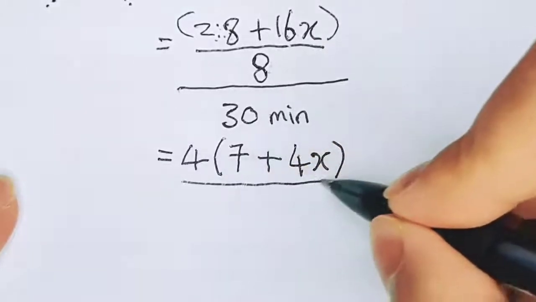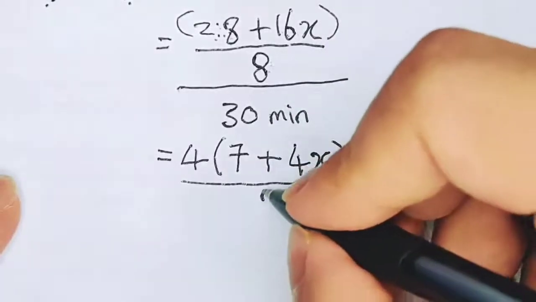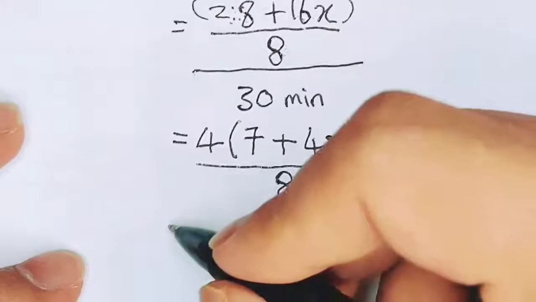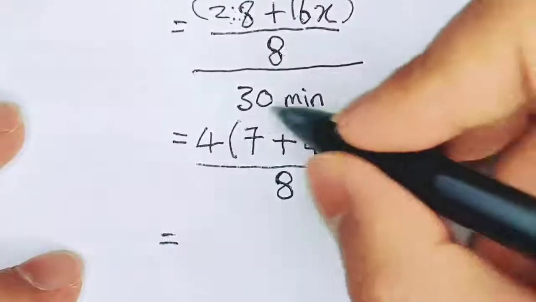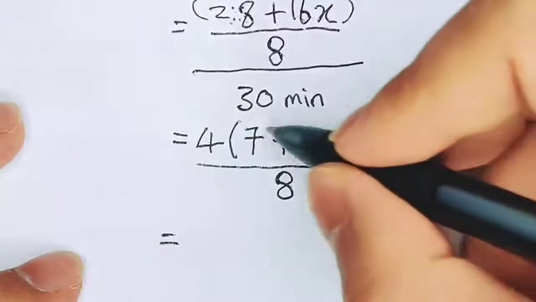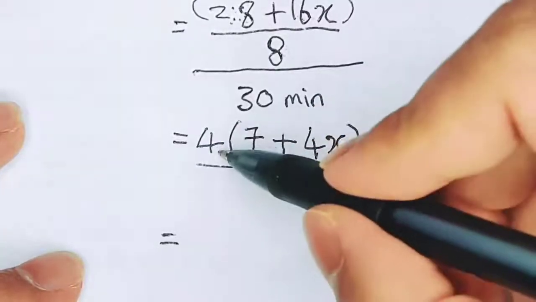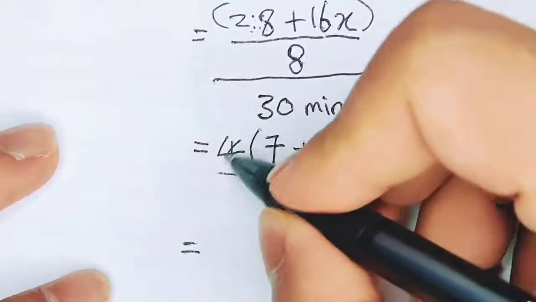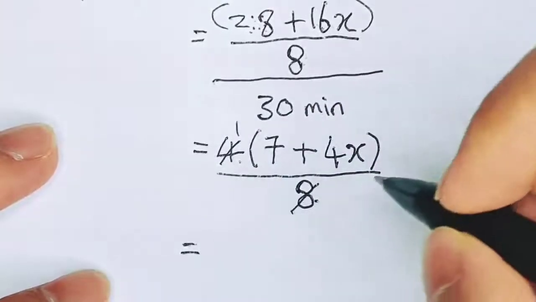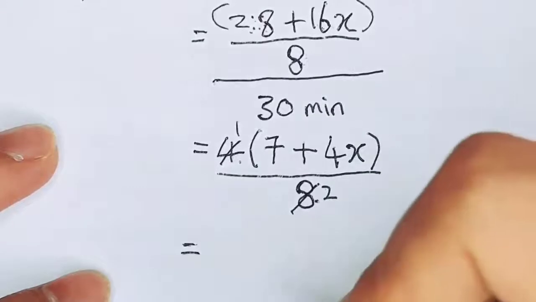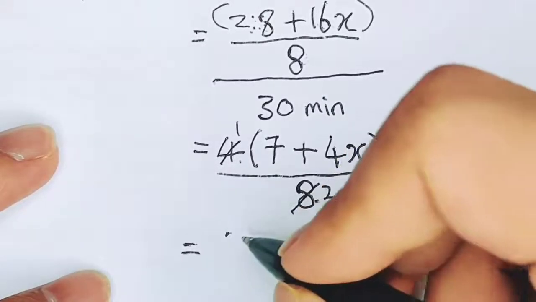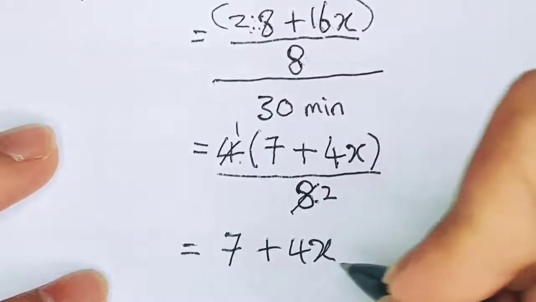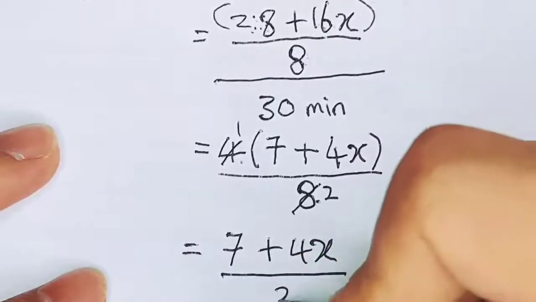Okay, divide by 8. Keep going. Now, can we simplify this? Yes, we can, between 4 and 8. 4 times 1, 4. 4 times 2, 8. Correct? So what is left is 7 plus 4x divided by 2.